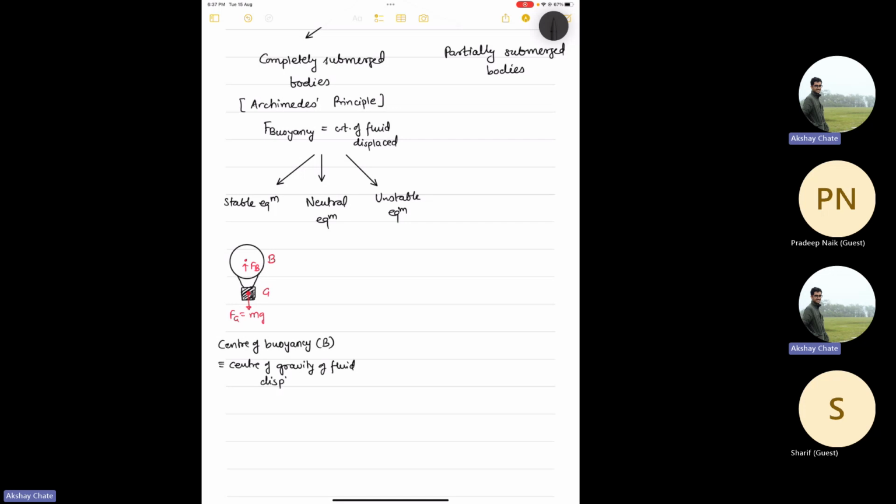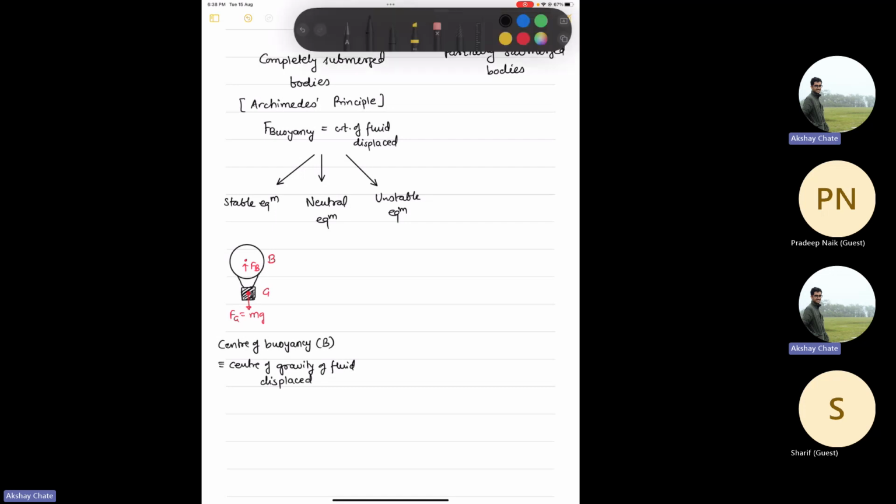Because of this balloon and all other things, whatever air is displaced from the atmosphere, that volume's center of gravity, if you take, that will be the B point. So B and G both are centers of gravity, but G is the center of gravity with respect to mass, and B is the center of gravity with respect to the volume of the fluid. So if this case is there, then it is a stable equilibrium when your B is above G. So this is the stable equilibrium condition. So I'll write it here.